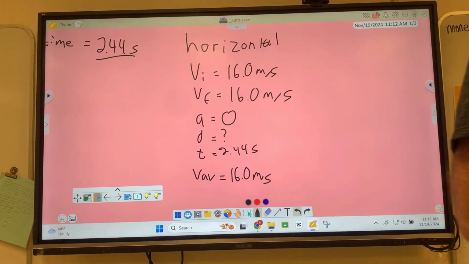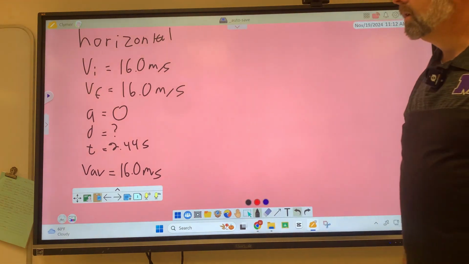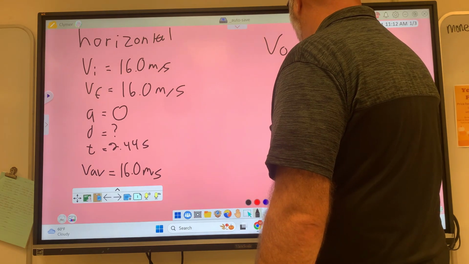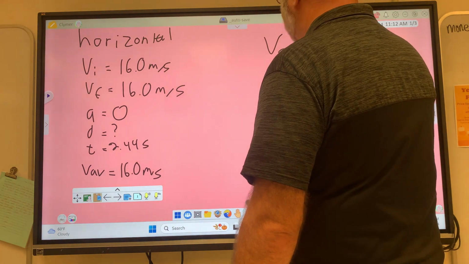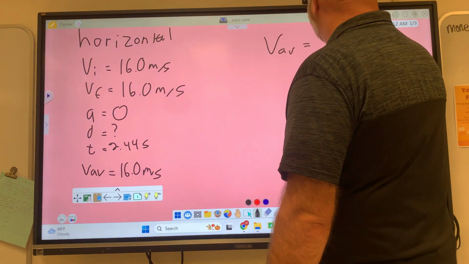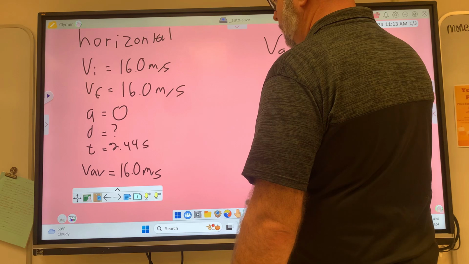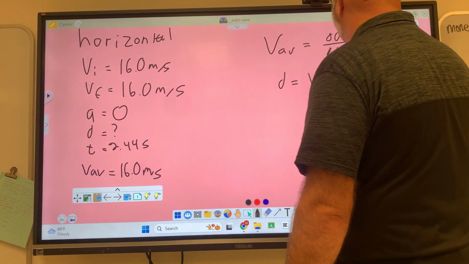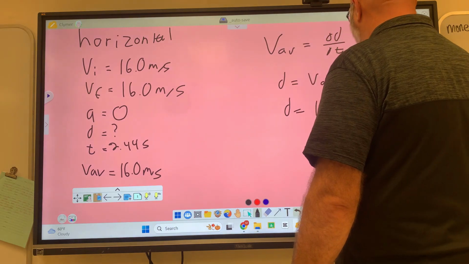Now what do we do? We go shopping. What formula is going to help us? Top one, OG formula. VAV equals delta D over delta T. We're solving for distance. Distance equals VAV times T. Distance equals our velocity, 16.0, times 2.44.